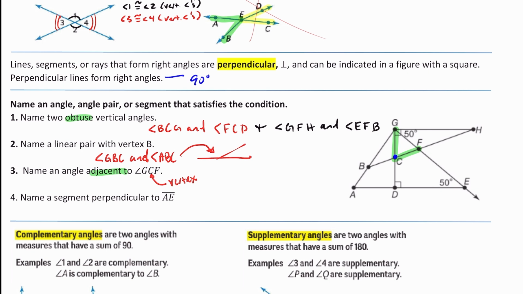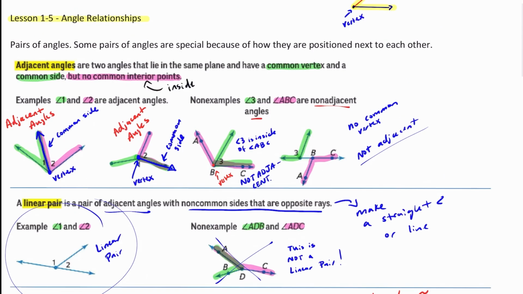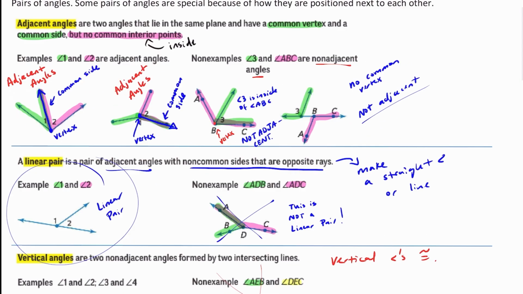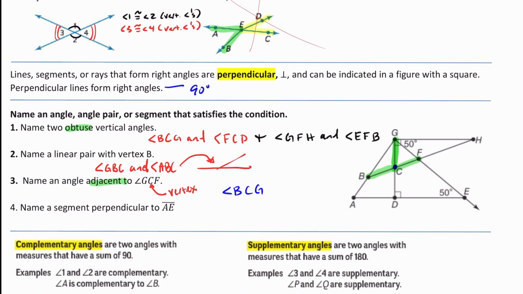If I'm looking at this angle here, angle BCG, what can you tell me? Angle BCG shares the same vertex as angle GCF, right? They share that vertex C, and they share this particular side, which are the two things that you need to be adjacent. So angle BCG is a great example, and I can also say something about this.